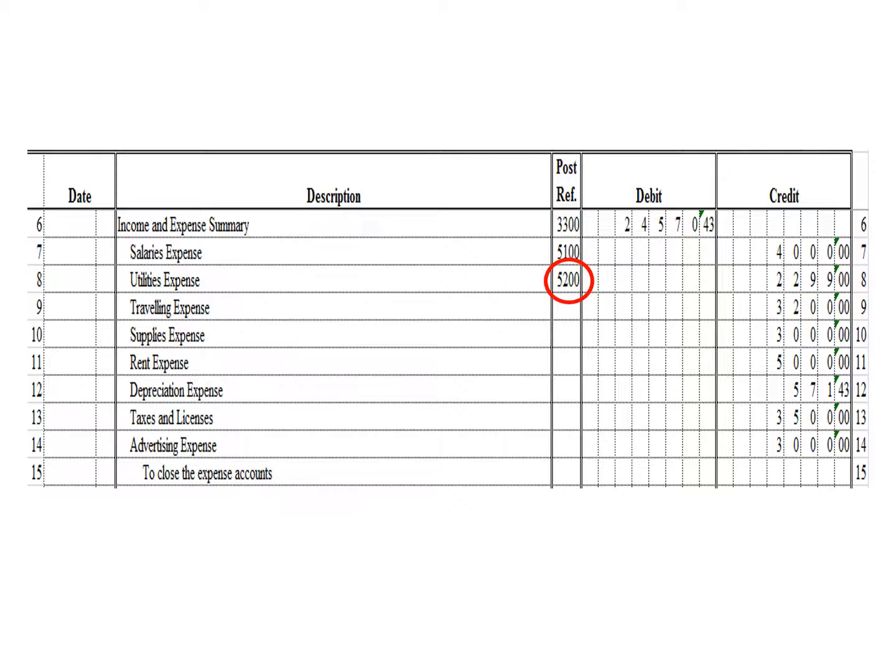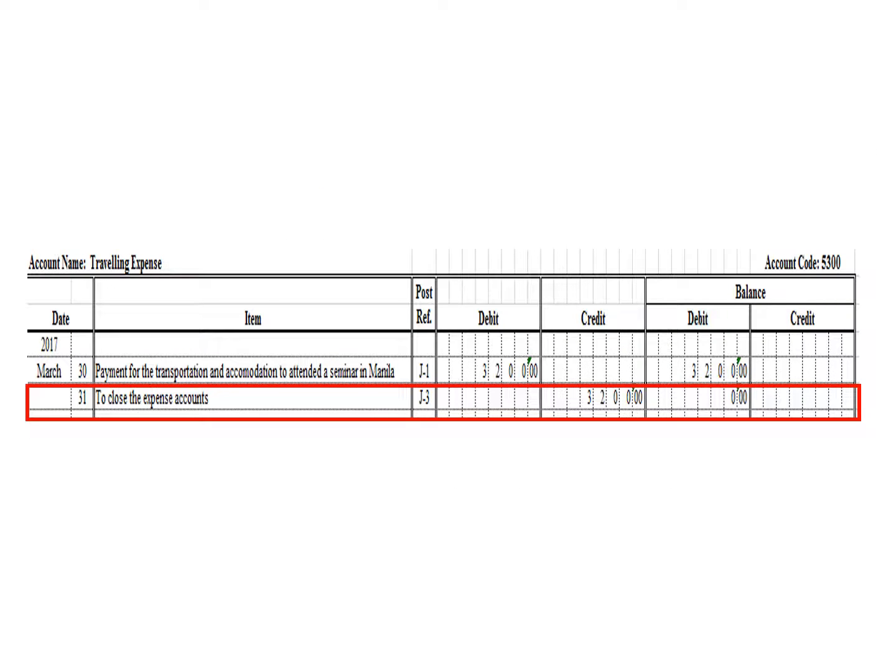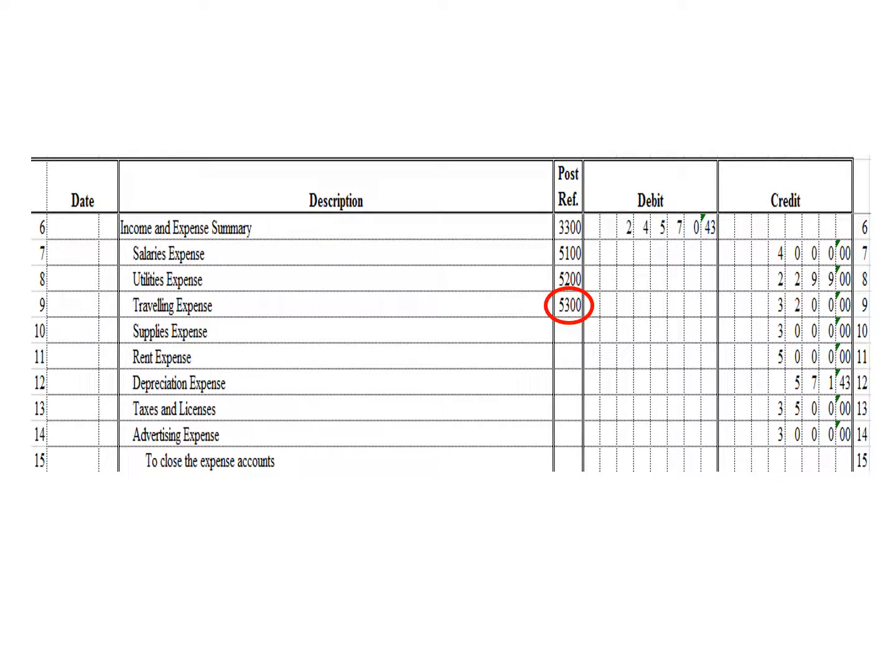Let us post the next credit entry. In the traveling expense ledger, write the date 31, the description to close the expense accounts, posting reference J3. Under the credit column, write the amount 3,200 pesos. In the balance section under the debit column, write the amount 0. After posting the credit to traveling expense, write the posting reference 5300, the account code for traveling expense.